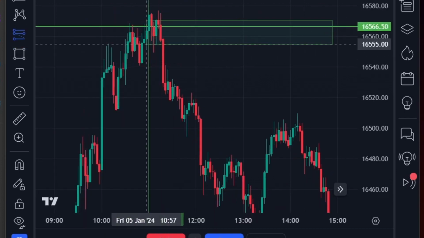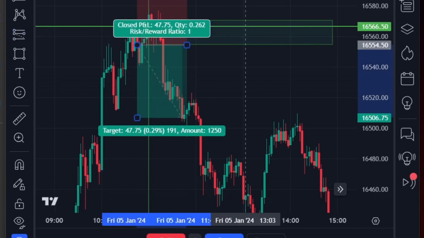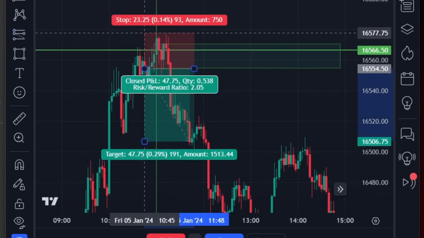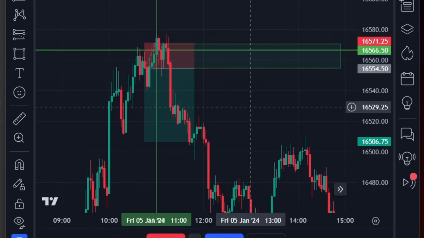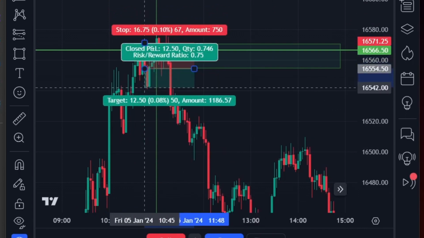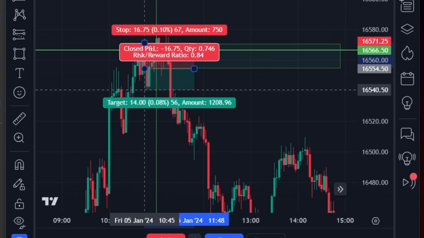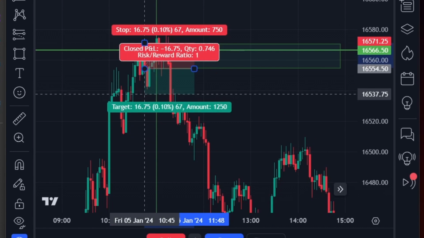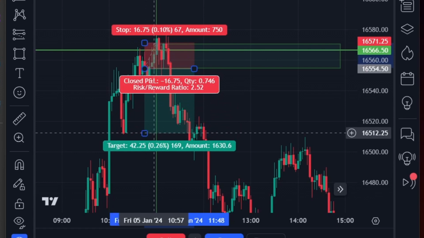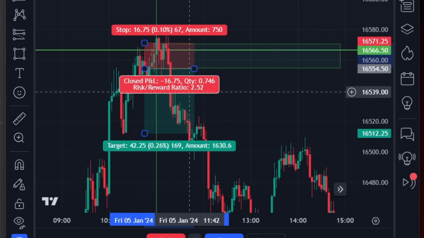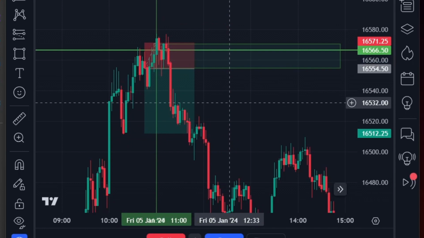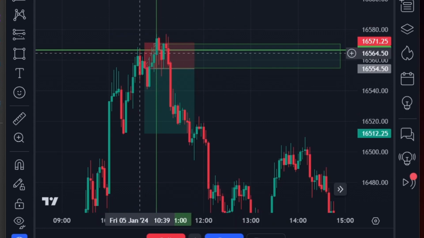What we could do is we put a position on and put the stops above the order block, and we could target the first low, but the ratio is not good, so we will not be taking an entry like this, or the next low, which is 1:2.52. A good ratio is usually 1:2 or 1:3, or else you will not be taking a risk like that.